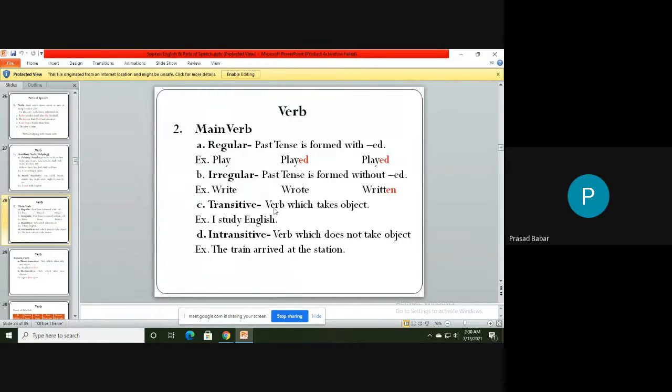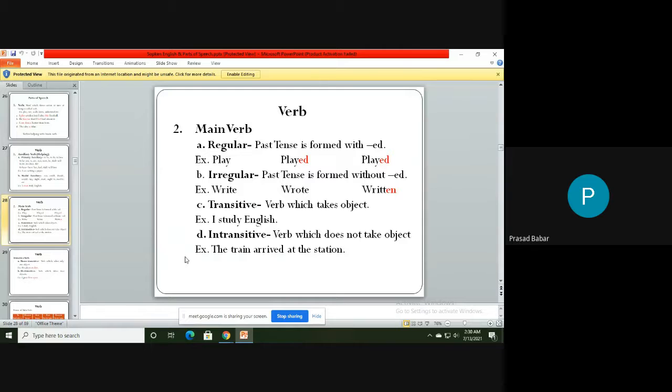In this example, the verb study is also called transitive verb because the object is followed by verb, and that is why it is called transitive verb. And the next type is intransitive verb.